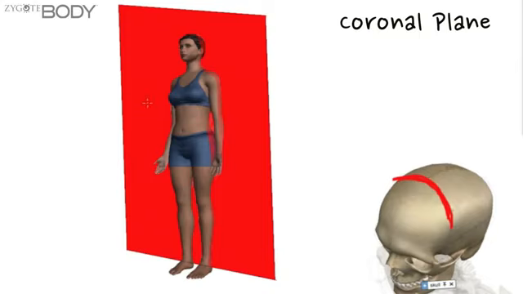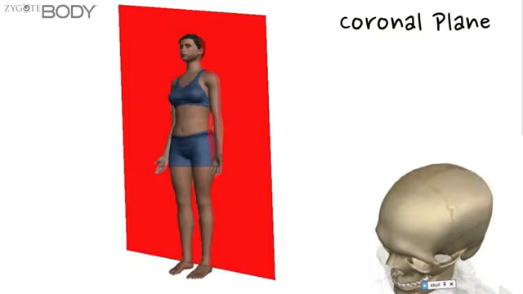Lengthwise this plane runs from side to side, and it divides the body or any of its parts into anterior and posterior portions. This can also be called the frontal plane.